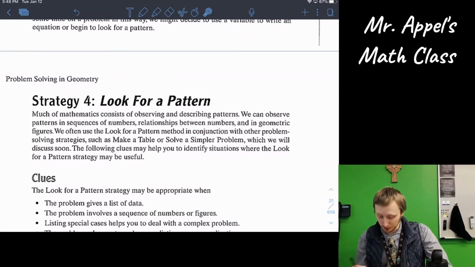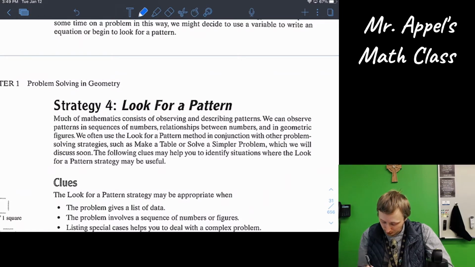In fact, one could almost describe mathematics itself as a study of patterns. We often use the look for a pattern method in conjunction with other problem-solving strategies, such as make a table or solve a simpler problem, which we will discuss soon. The following clues may help you to identify situations where the look for a pattern strategy may be useful.